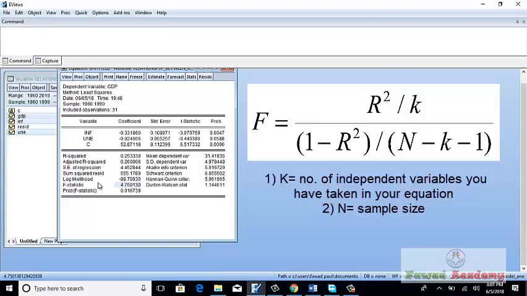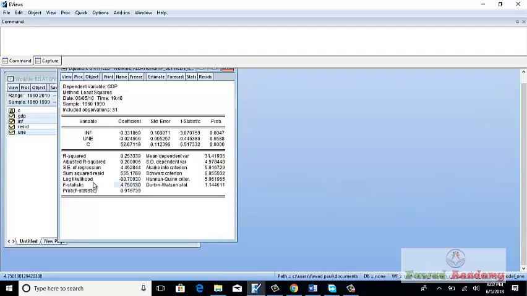As the independent variables increase, the F statistic decreases. So there is an inverse relationship between the number of independent variables and F. And again, there is a positive relationship between the R square and F statistic.